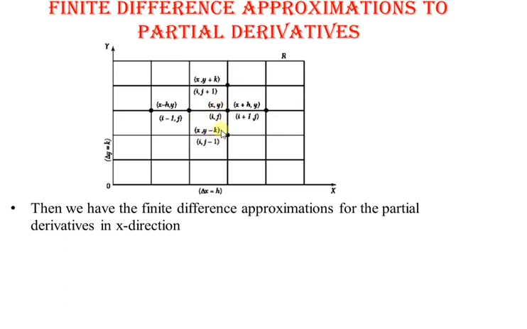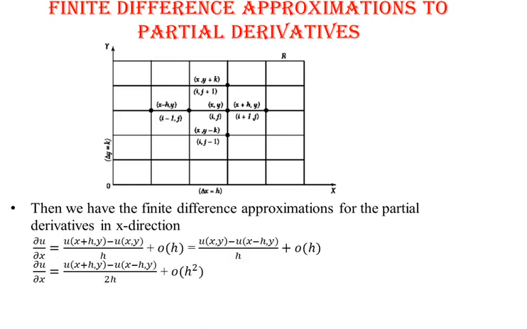Using these notations we are going to write the partial derivative according to the finite difference approximation using forward, backward and central approximation. According to the forward approximation, we get ∂u/∂x equal to u(x plus h, y) minus u(x, y) divided by h, plus other higher terms.